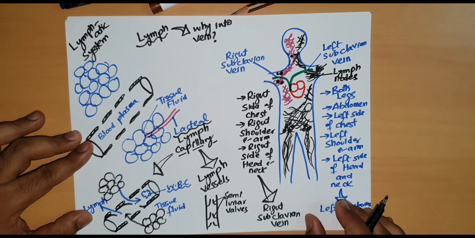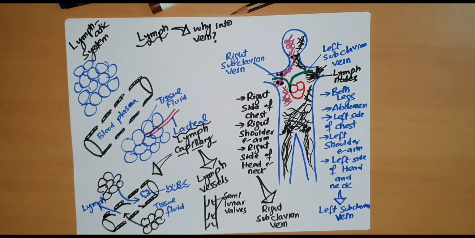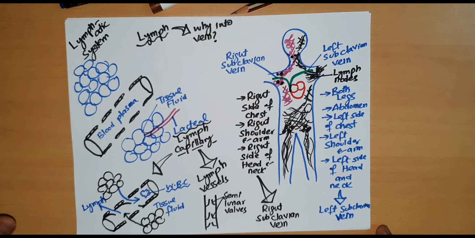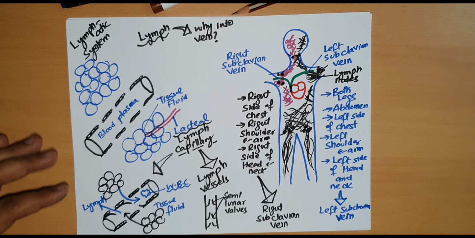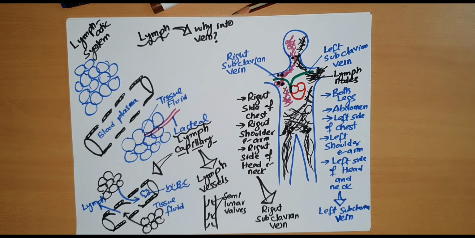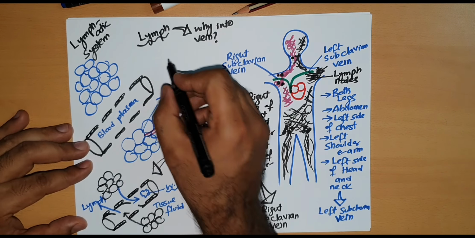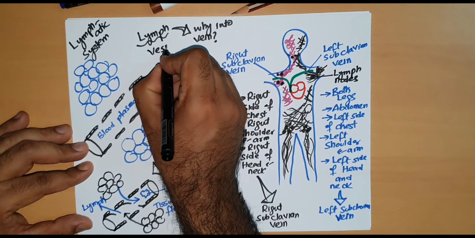The answer is very simple. You have learned in physics that two liquids which have the same pressure will mix together, but two liquids flowing with different pressure do not mix together. Remember that the structure of lymph vessels and veins is exactly similar. And another thing, veins and lymph vessels have the same pressure.